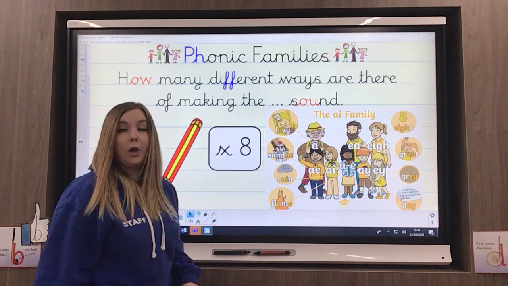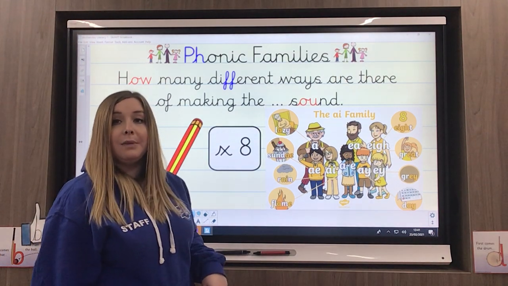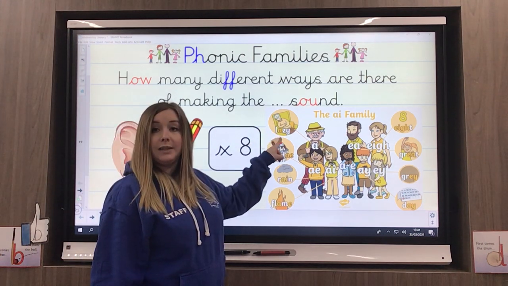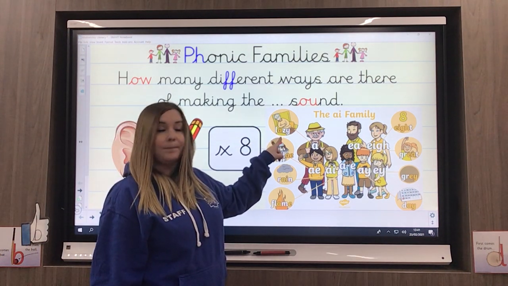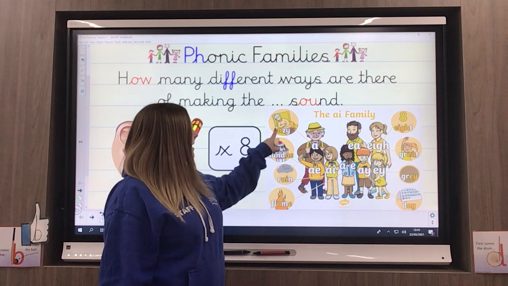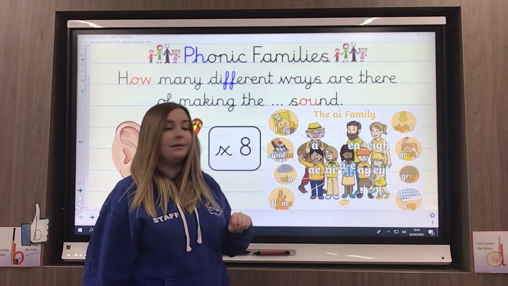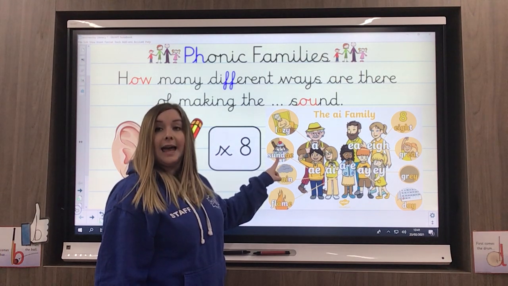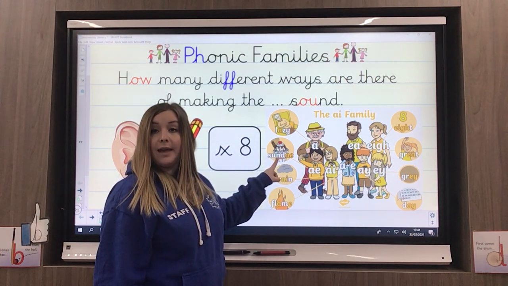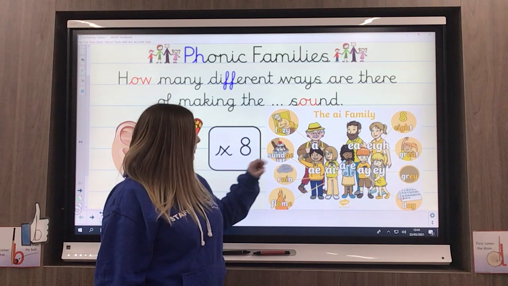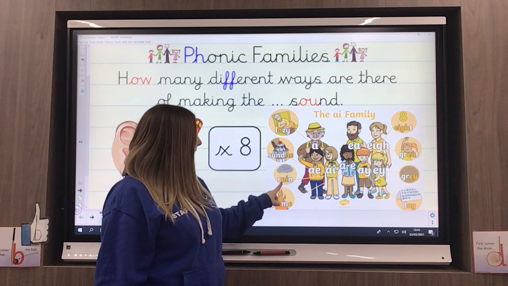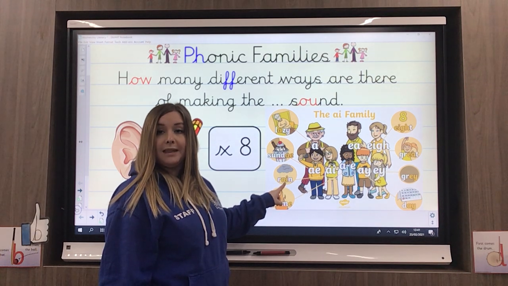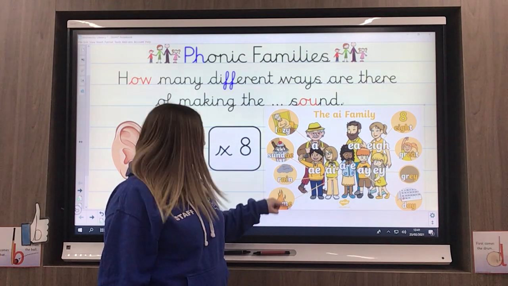Okay, so one way that we can make the A sound is just by using the letter A. Here we've got an A that makes an A sound. We can also use an A and an E, and that also makes an A sound. We've got A and an I to make an A sound, and that's normally in the middle of our words.